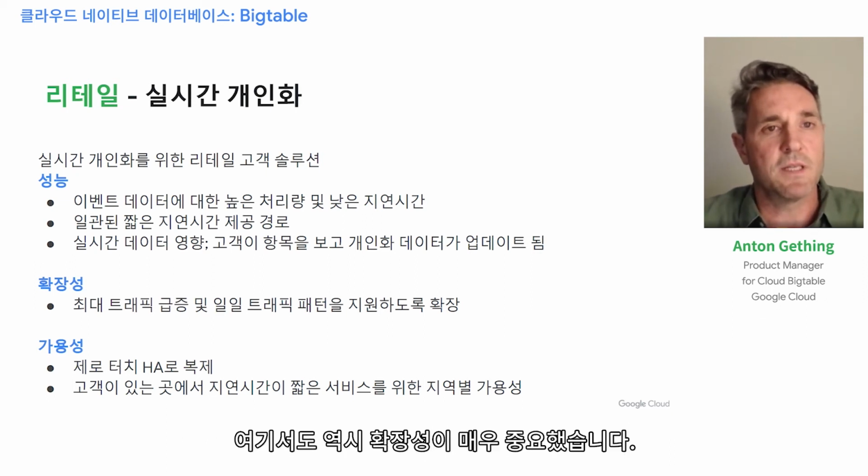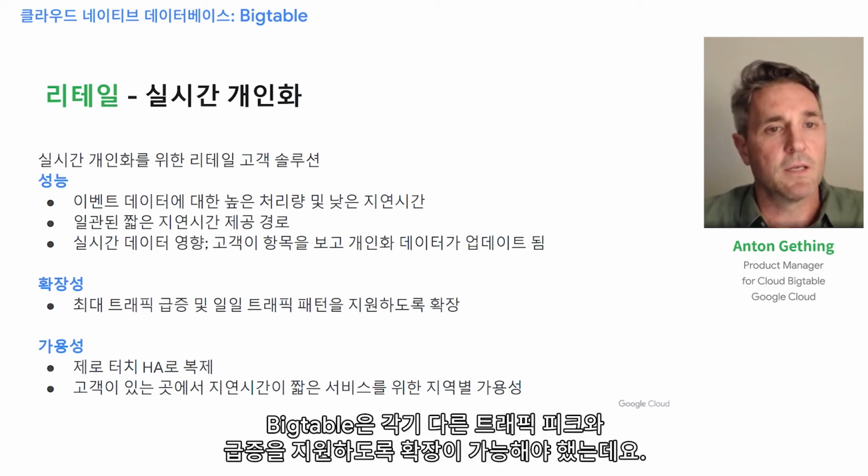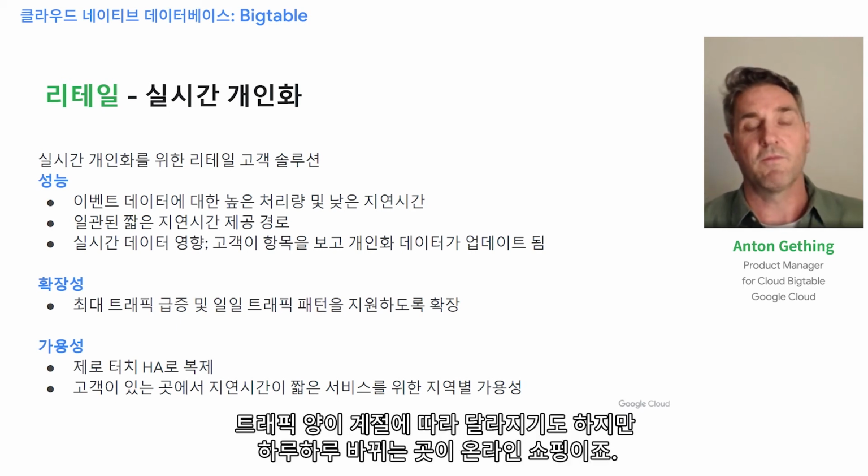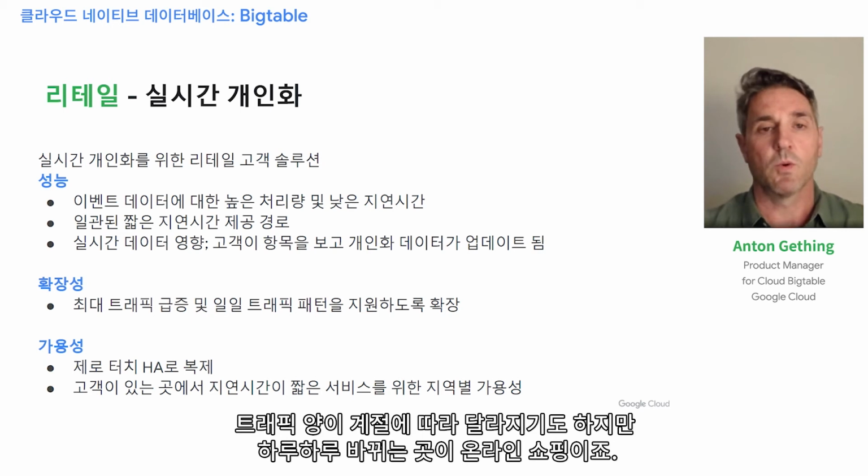Again, scalability was very, very important. Bigtable needs to be able to scale to support different peaks in traffic, different spikes, as you can imagine, with online shopping that varies not only daily but seasonally, as well as the spikes and increase in traffic you see for holiday periods.